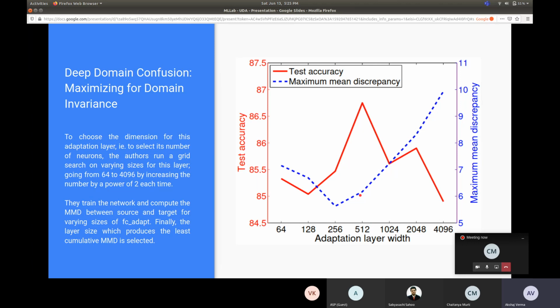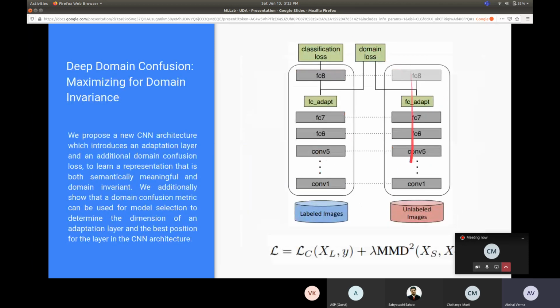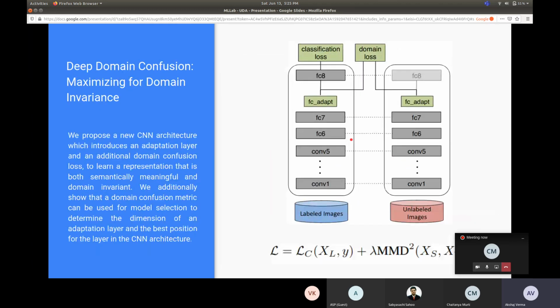So this is one kind of paper, and this architecture, which contains two networks with shared weights, is pretty common, and there are modifications now on top of this that the more recent state of the art papers use, but the core idea remains.